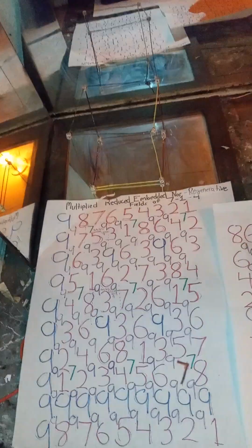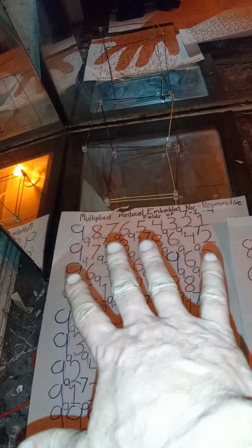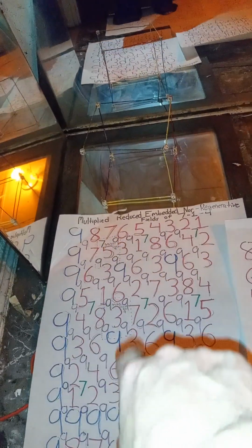They don't generate. They terminate and they're embedded in the larger numbers, which are the addition numbers. They generate because they're addition. The smaller numbers are multiplication in the neighborhood method, and they terminate. They all go to 9.